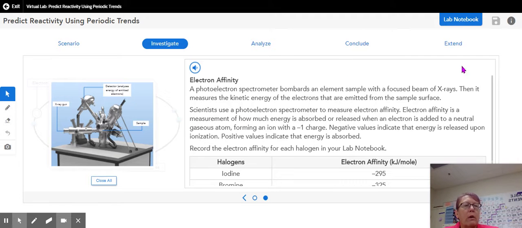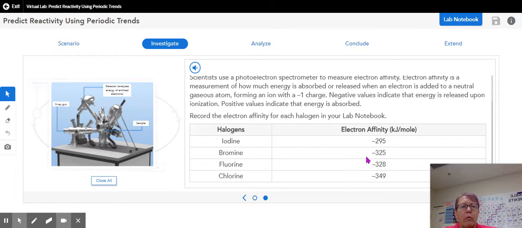The key thing we want to look at, again, we're comparing trends here. So what we really want to do is write down these numbers. Iodine is minus 295. Bromine is minus 325. Fluorine is minus 328. And chlorine is minus 349.